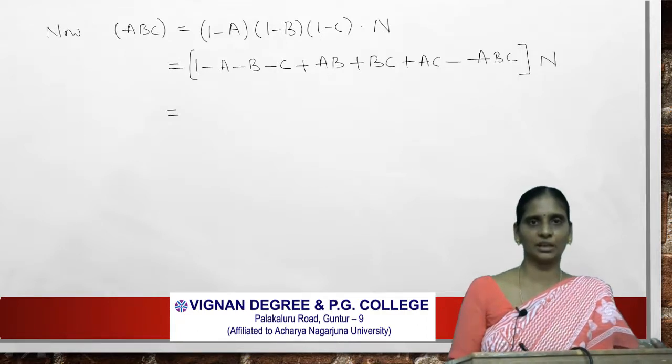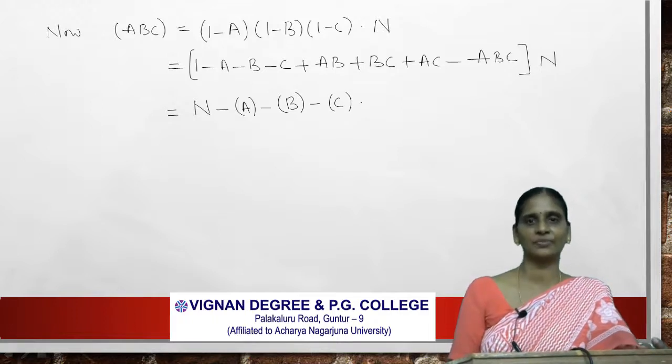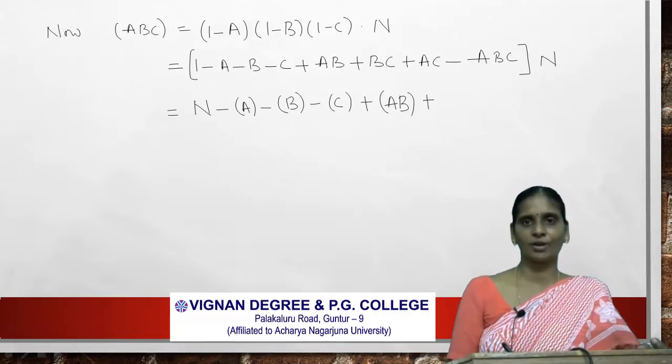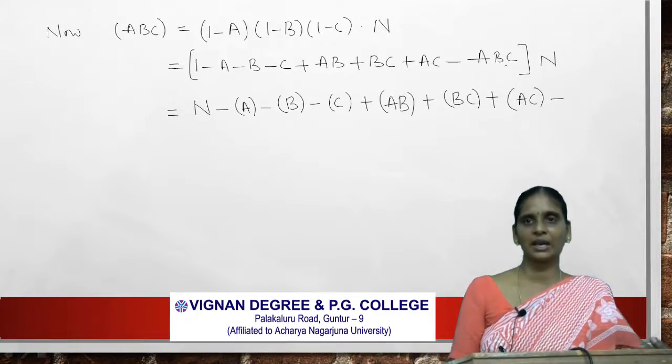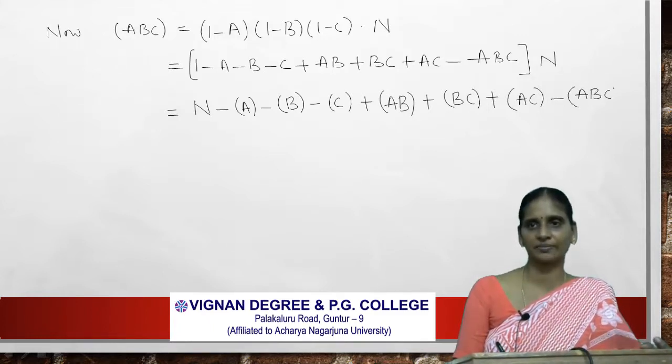After that, 1 into n gives n, a into n can be written as frequency of A, b into n as frequency of B, c into n as frequency of C. Similarly, ab into n is frequency of AB, in the similar way frequency of BC, plus ac into n is frequency of AC, minus abc into n is frequency of ABC.